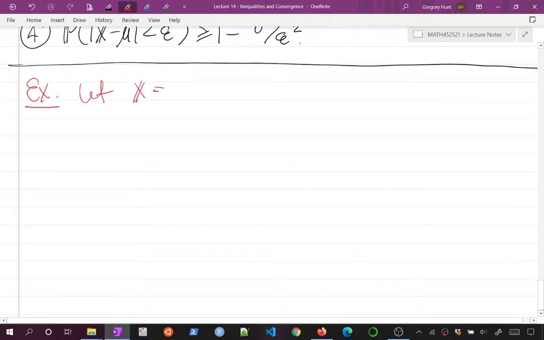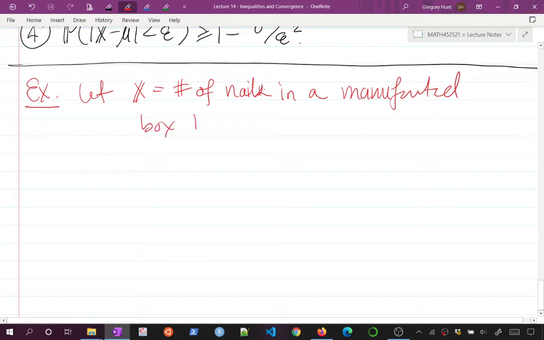Let x be the number of nails in a manufactured box by some factory. This is very much a quality control problem. So x is the number of nails produced by a factory.